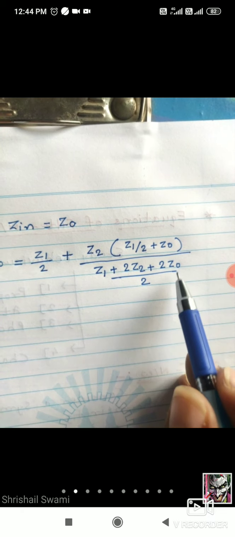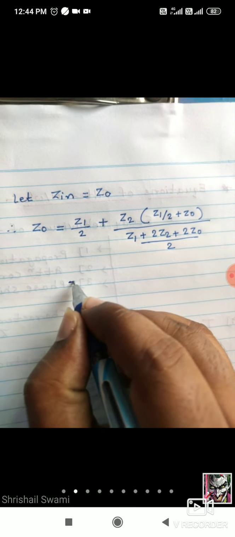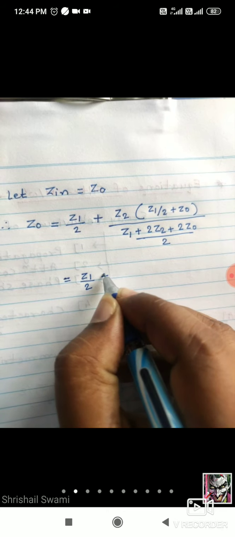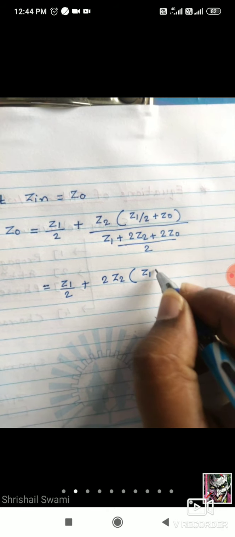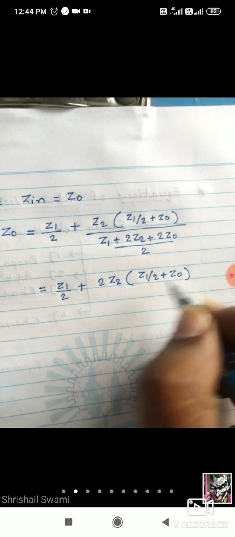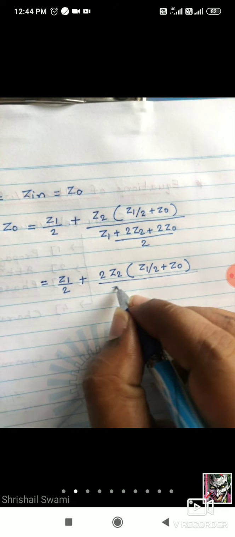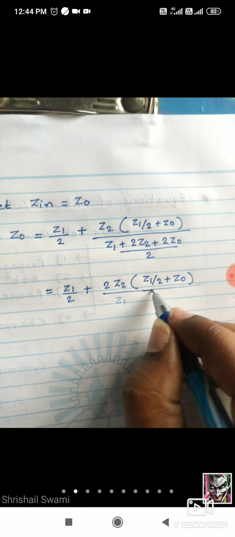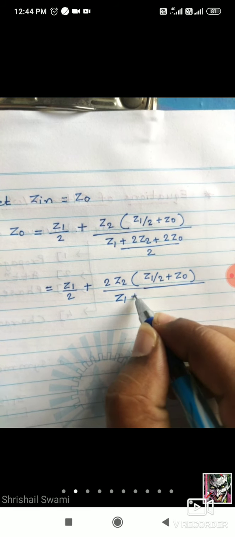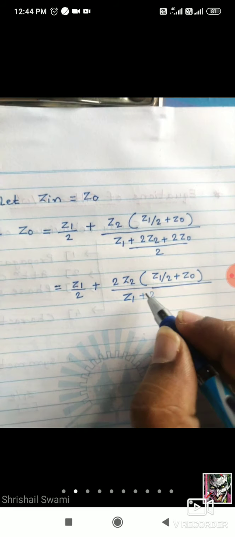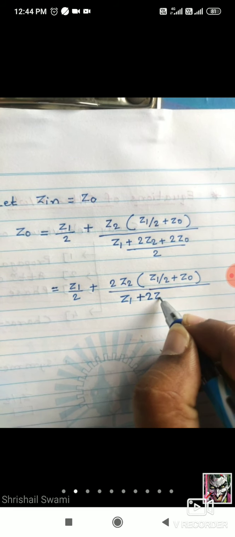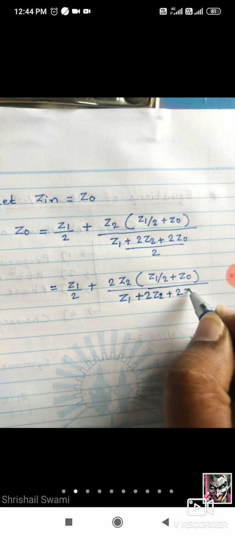So this 2 goes to the numerator. It becomes Z1 by 2 as it is plus 2 into Z2 in bracket Z1 by 2 plus Z0, divided by Z1 plus 2Z2 plus 2Z0.